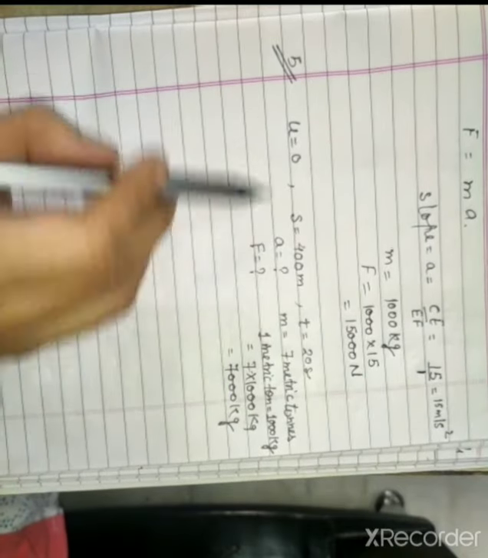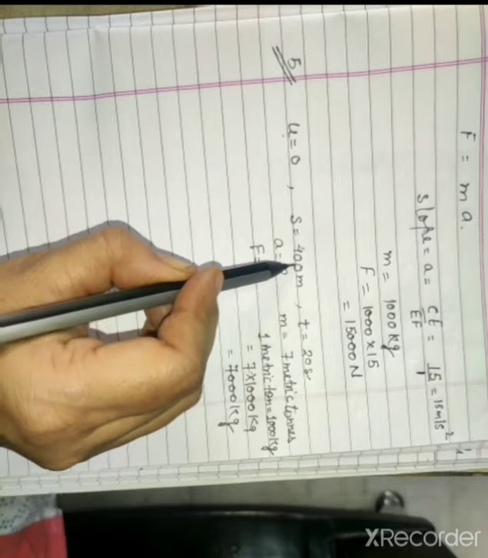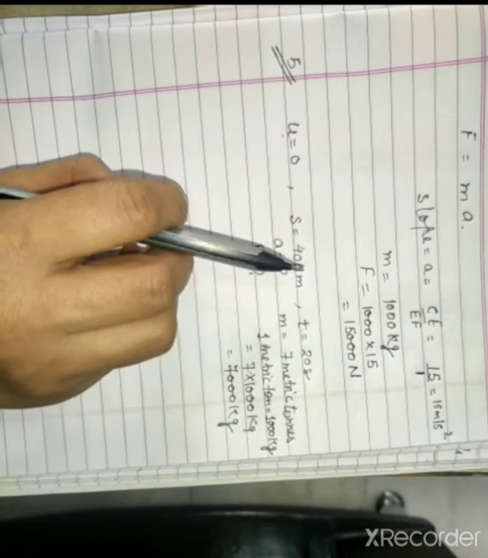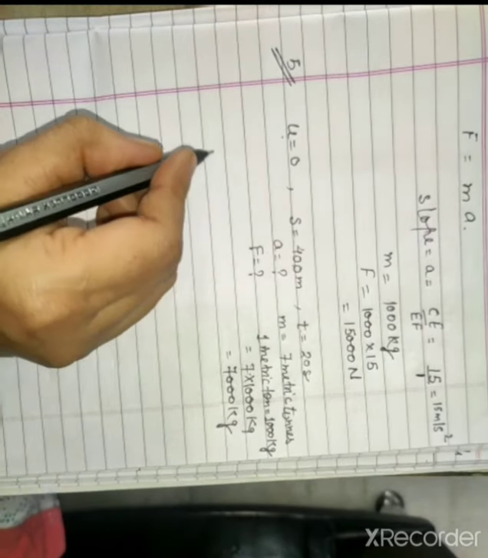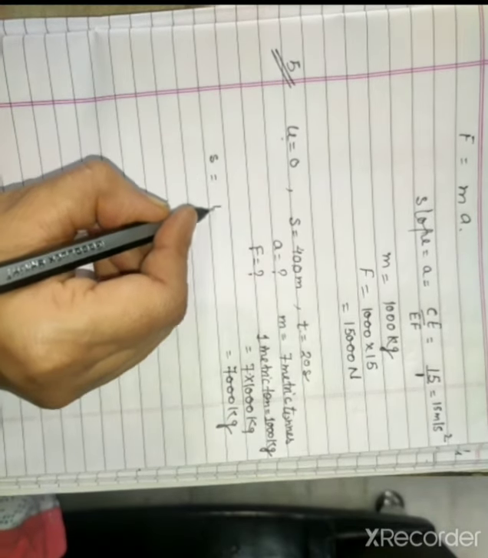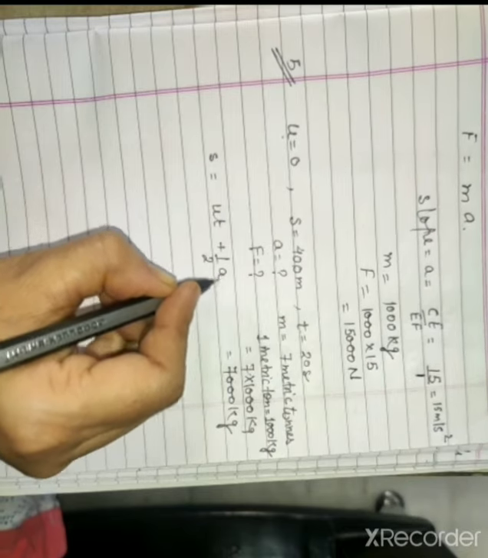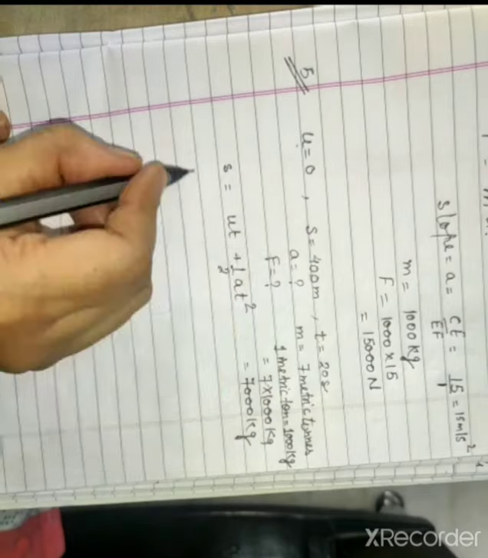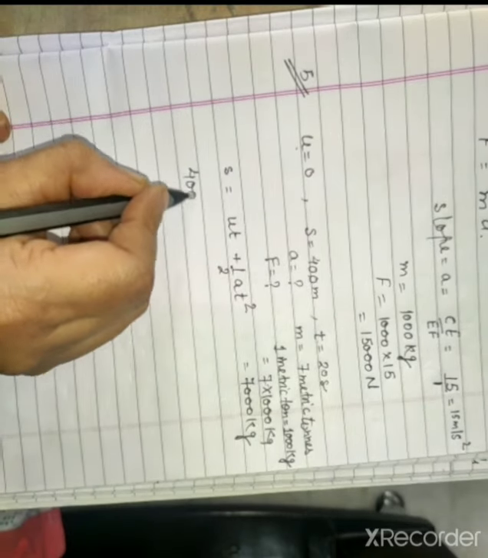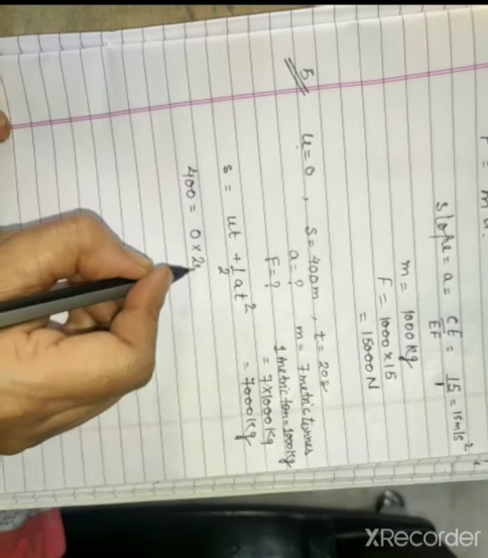For finding the acceleration, you have u, you have t, you have s. Which formula are we using here? We are using the formula S is equal to ut plus half a t square. S is already given to you, 400 meter. U is 0. Time is 20 seconds.